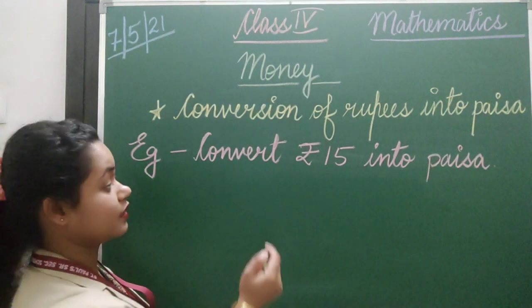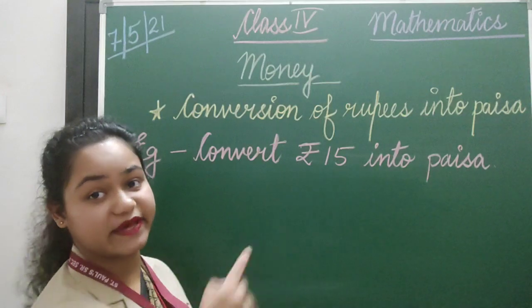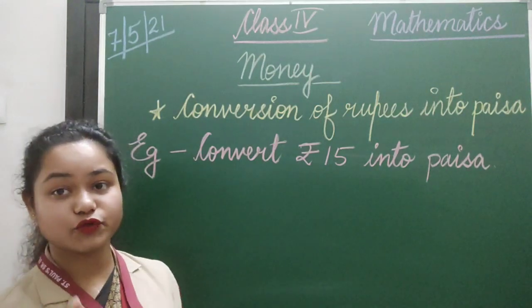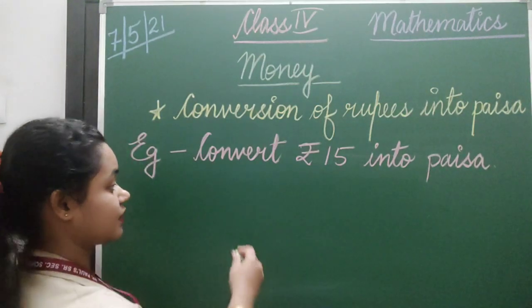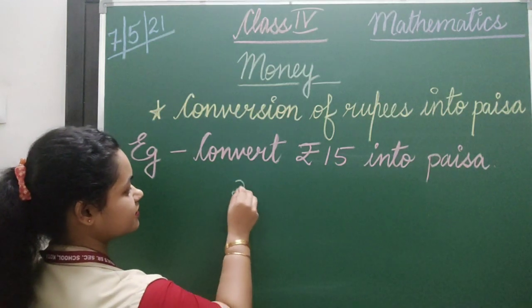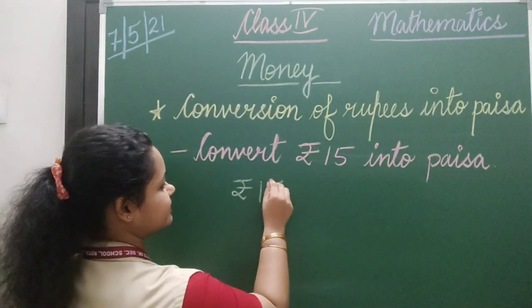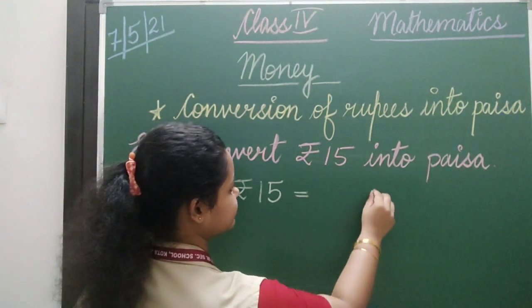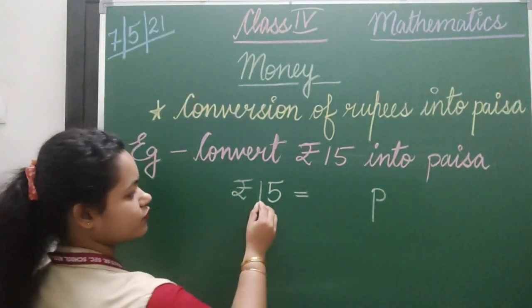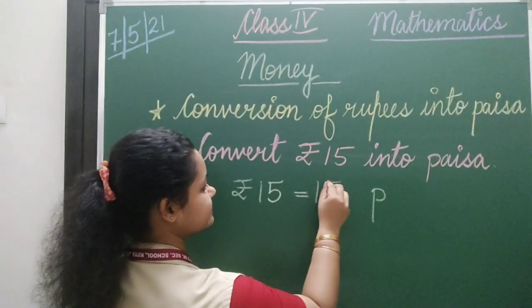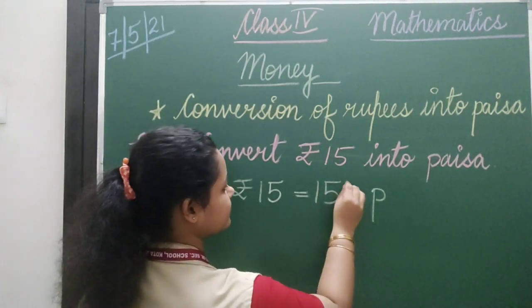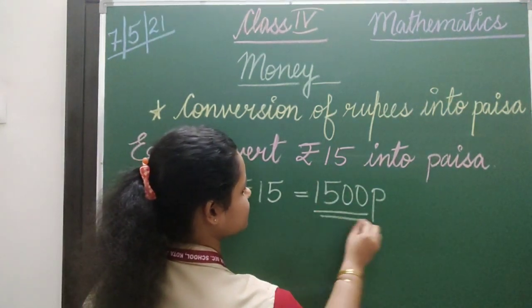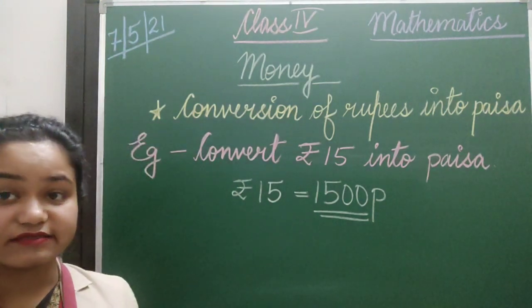Convert rupees 15 into paisa. Now you see the short trick. Rupees 15, if you have to convert it into paisa, you write this number as it is and behind this number you put 2 zeros. So this is your answer.